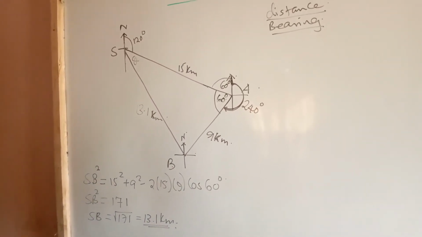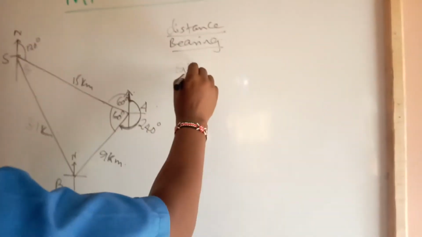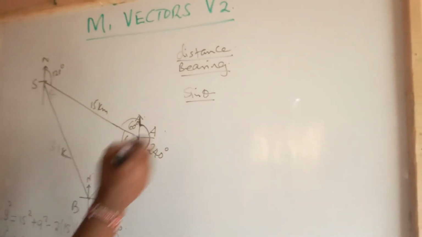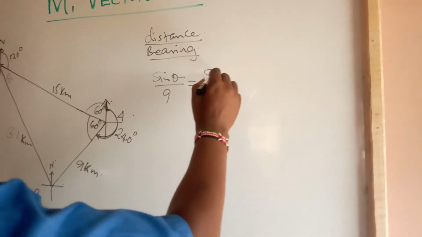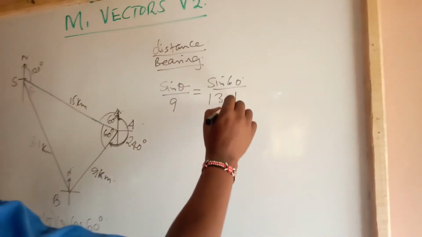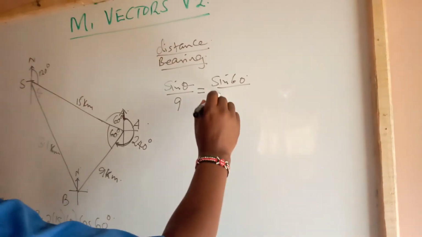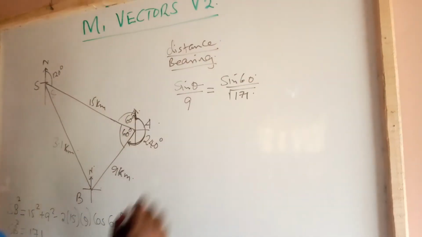We can use our sine rule, which says sine theta over 9 is equal to sine 60 over 13.1. You are expected to use the root of 171 for accuracy.